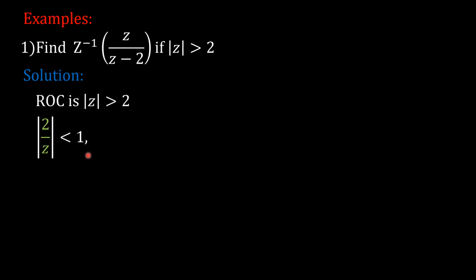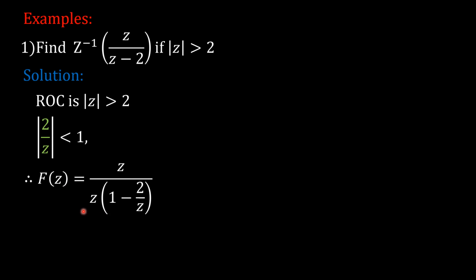So that will give us mod of 2 upon z strictly less than 1 when we divide this region of convergence on both the sides by mod z. Once we get this, then we have to express our f of z in 2 upon z form, for which we will have to take z common.